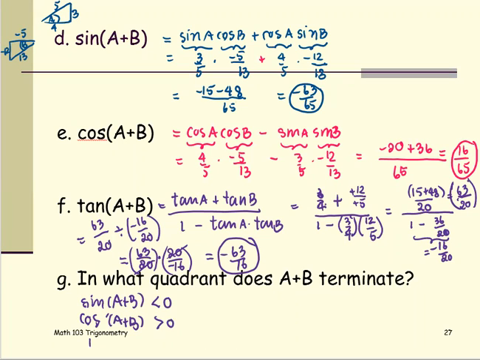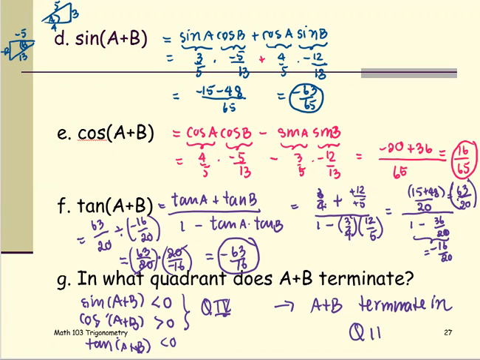And also the tangent of A plus B is negative in sign. For the quadrant where sine is negative but cosine is positive, this is going to be quadrant number 4. So we can say that A plus B, which is the angle, terminates in the 4th quadrant.